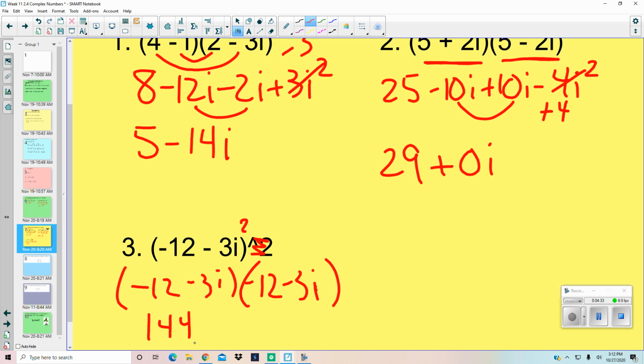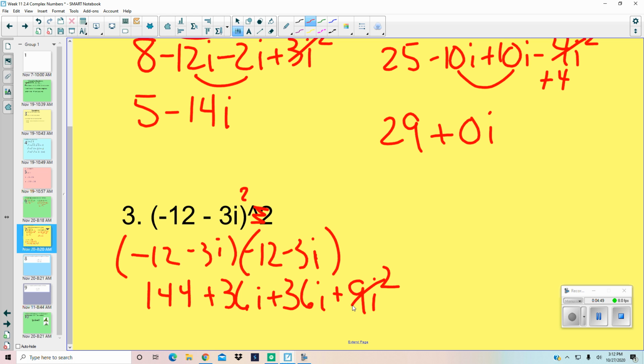And then 12 times 3 is 36, so I'm going to get +36i, +36i, and then +9i squared. I squared is -1, so this becomes a -9. So I have 144 minus 9, which is 135, and then 36 plus 36, which is 72i.